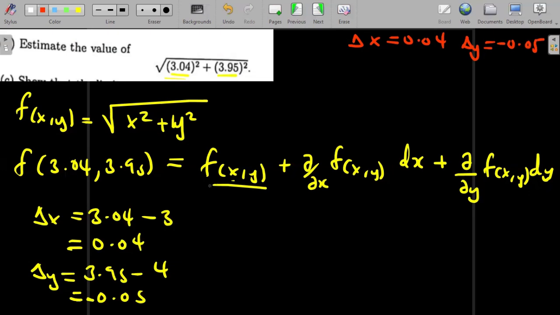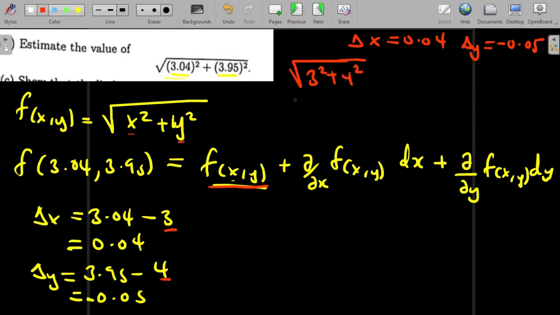Now I have to get this part, then I evaluate. I plug in my x and y. So our x and y, which we're considering, are the whole numbers, 3 and 4. You plug in 3 for x, that's 3 squared, plus 4 for y, which is 4y.